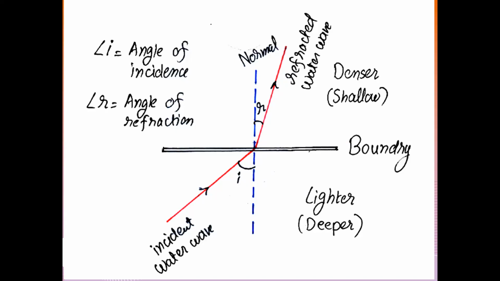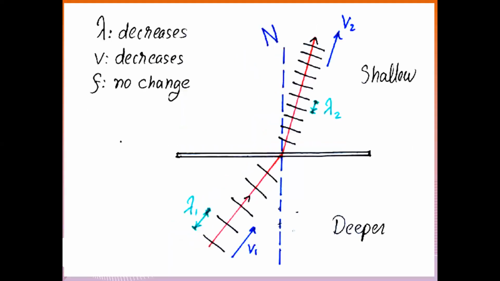Have you copied it? Yeah. Now look at this diagram: wavelength lambda 1, lambda 2.